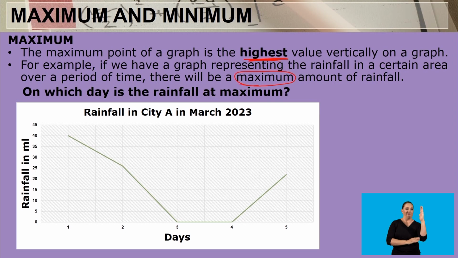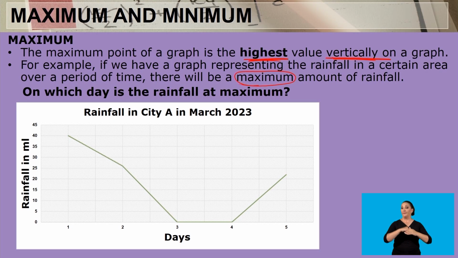And that is why, for the maximum point, we look there on the vertical values, because we are looking for the highest vertical, meaning the day with the highest rainfall. And of course, on our horizontal values, we have the days. So the days have been numbered 1, 2, 3, 4, 5. Now the question is, on which day is the rainfall at a maximum?